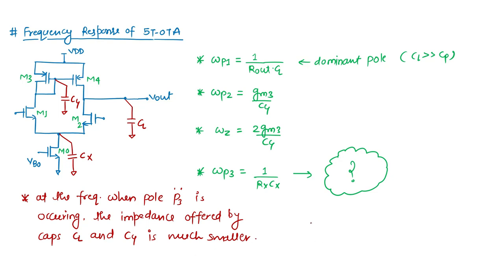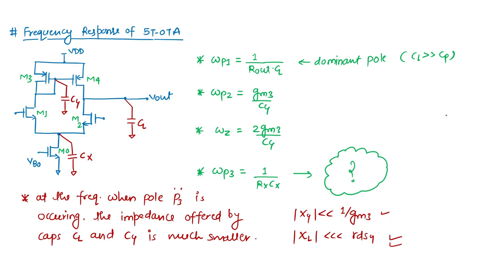I'm considering that XCY is smaller than 1 upon GM3 at that frequency. This is my assumption, not exactly. And XL, due to this load cap, is much smaller than this RDS4. This is a true assumption, but it cannot be that true that I have considered here.